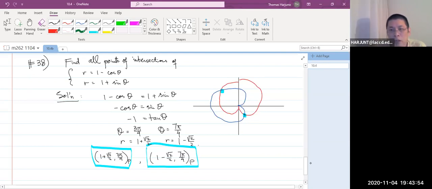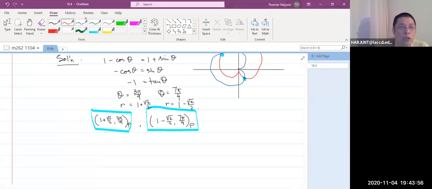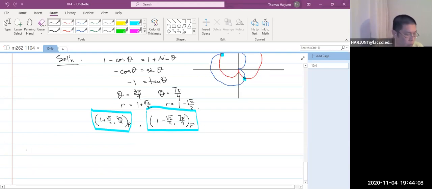The tricky one is question number 40, because we need to anticipate the fact that r may be negative. Let's do number 40. r equals cosine 3 theta, r equals sine 3 theta.